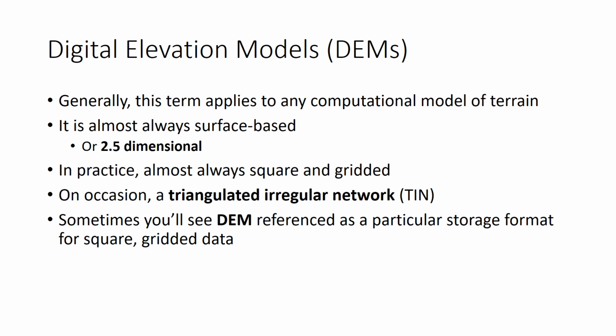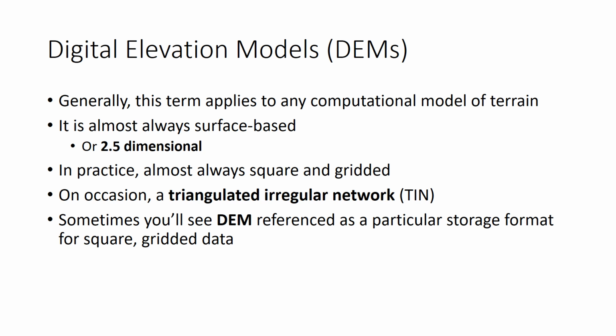And the way that we can explain that is it's 3-dimensional, right? It extends into the z direction, but you can't have more than one z value at any given x, y. For every x, y, there's only one z, and so that's why it's 2.5 dimensional. In practice, it's almost always square and gridded.